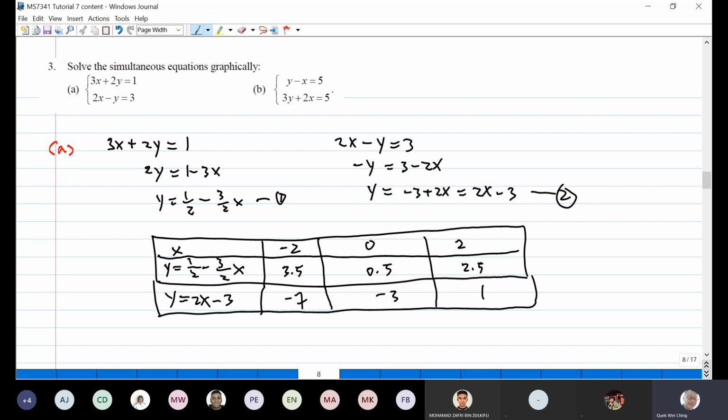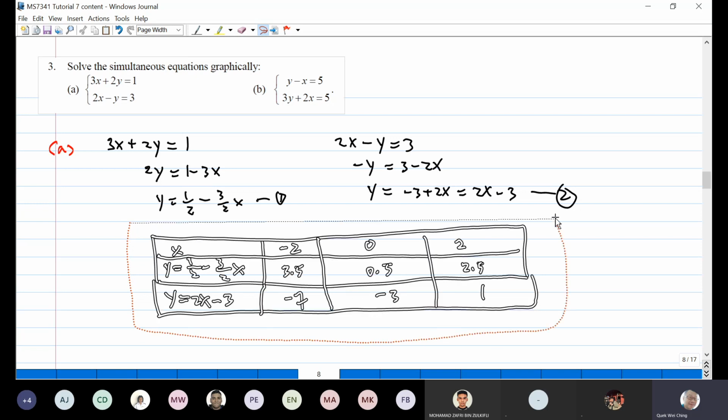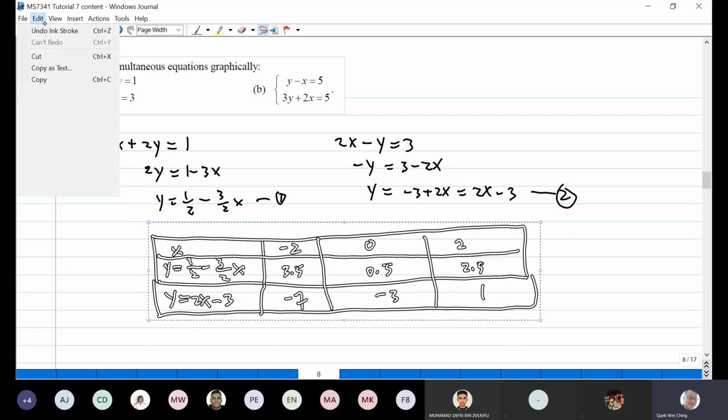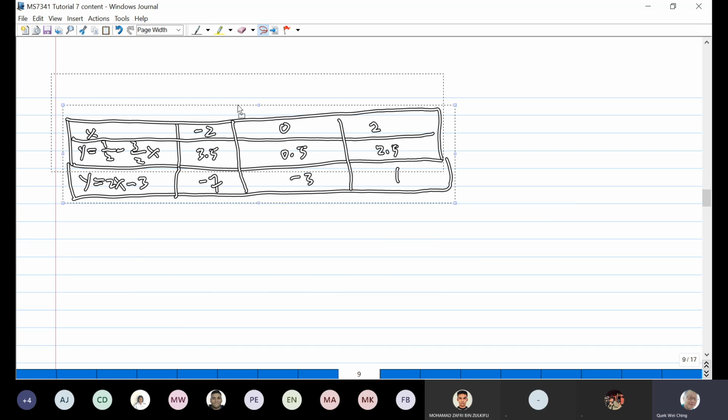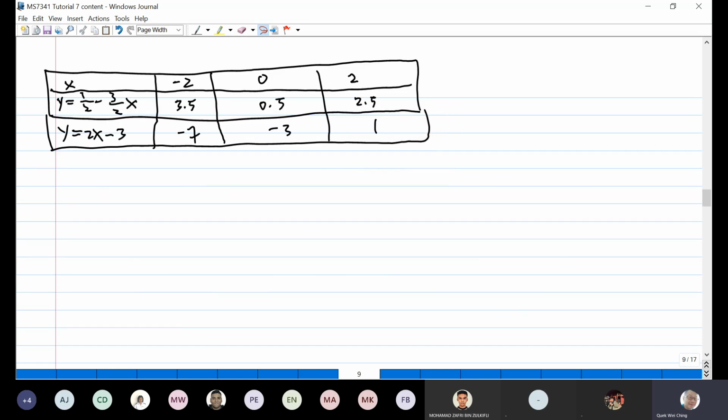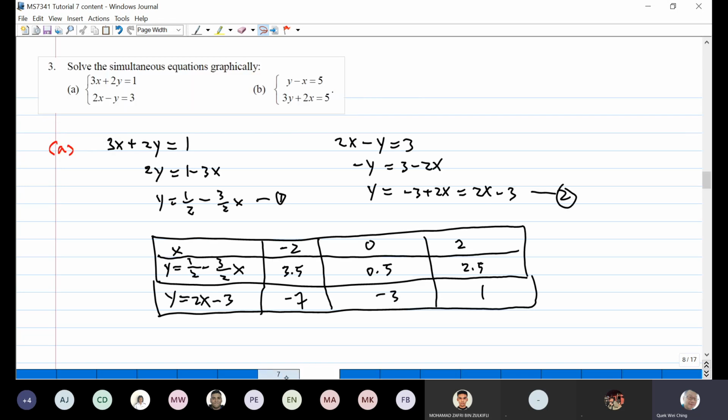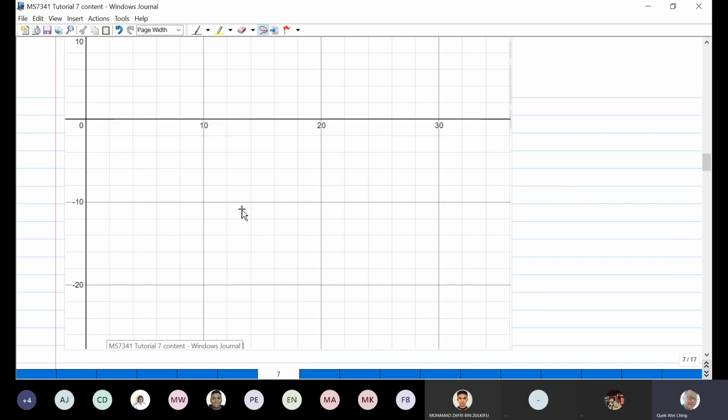Okay, so I've got a table. I'm going to join this table to the next graph. I have space here, so I can copy this table and go to the next page. Alright, so I copy the table here. And then I'm going to bring in graph paper. I have graph paper somewhere here, so I can copy it and put it in here.